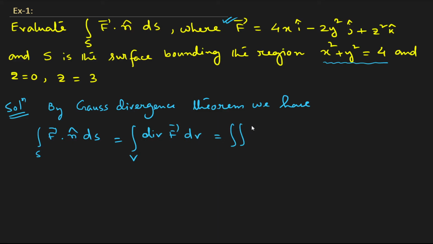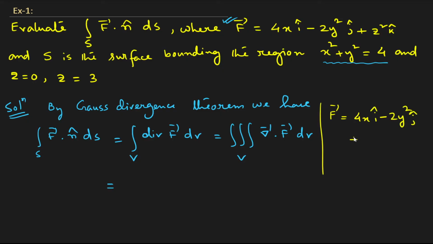You can write it like this: triple integration over V, div means nabla bar dot F bar dV. Okay, so this equals, now F bar is given, right? Our F bar is 4x i cap minus 2y square j cap plus z square k cap.